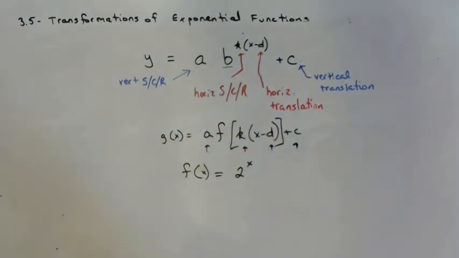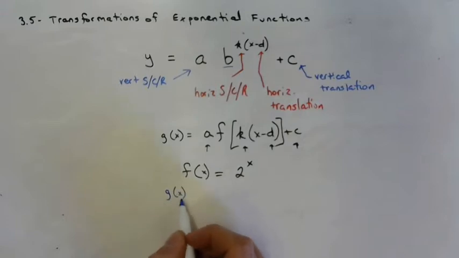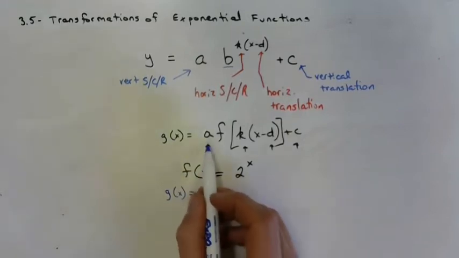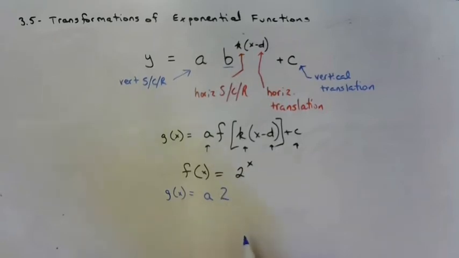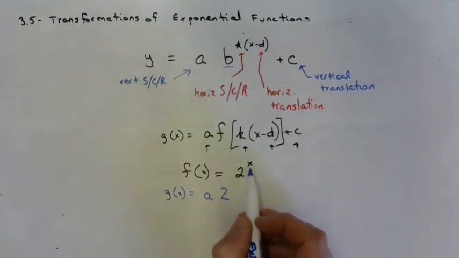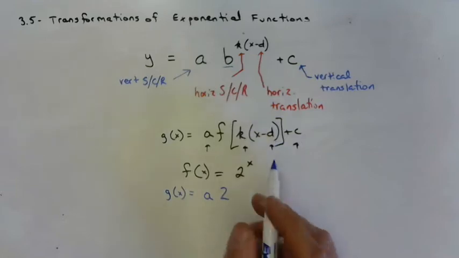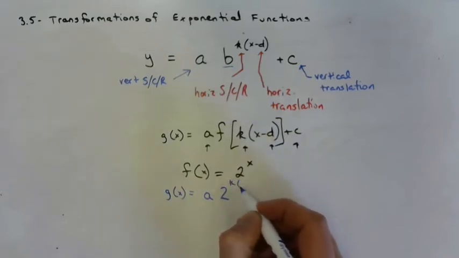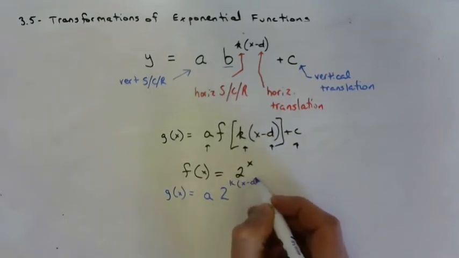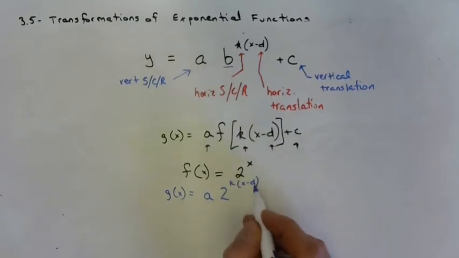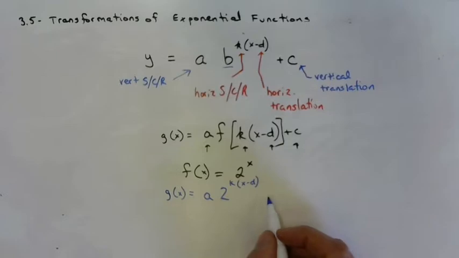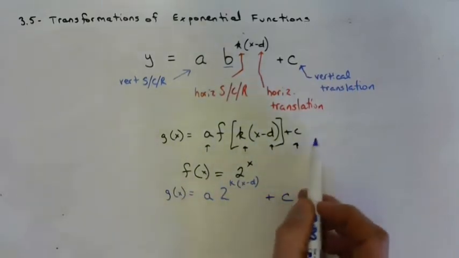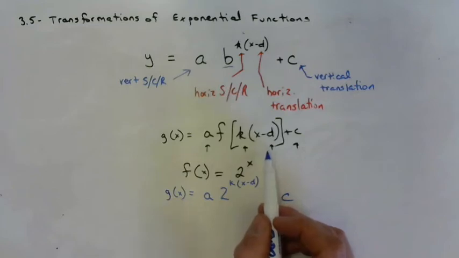What does that look like? Well, that tells me that g of x has a base of 2, and then in the exponent, where x is, I'm going to have k times x minus d, and this is what's happening to x in my transformed function, and then at the end plus c. Okay, so they might give you something that looks like this, and it's really hard for our brains sometimes.